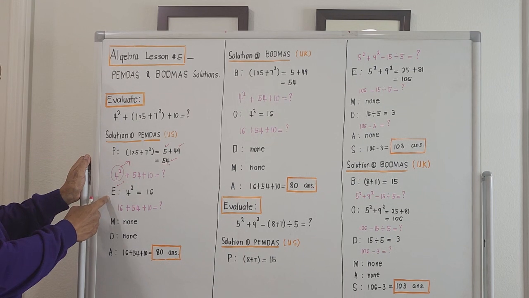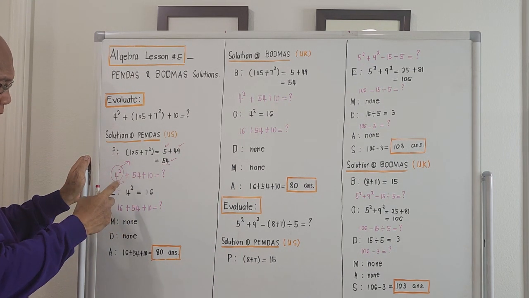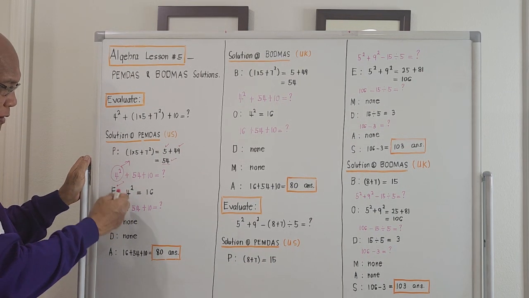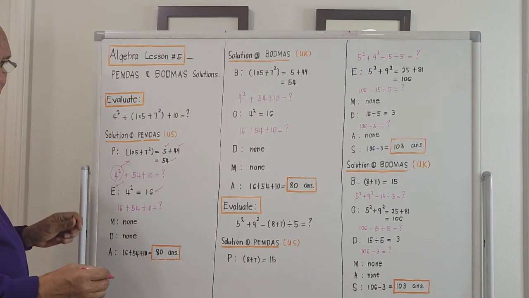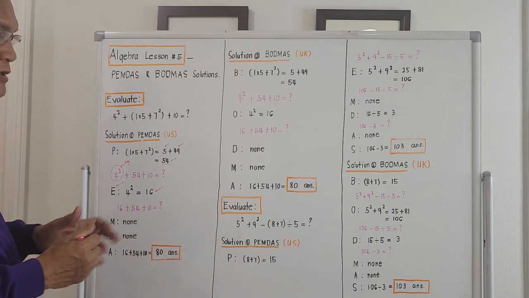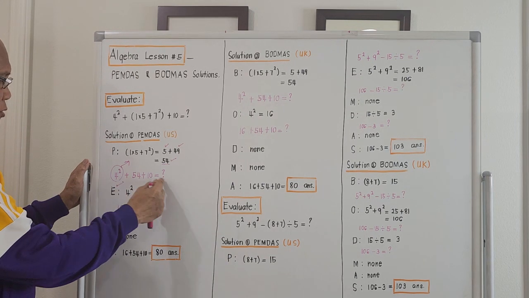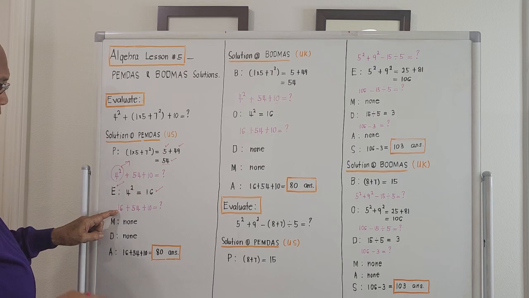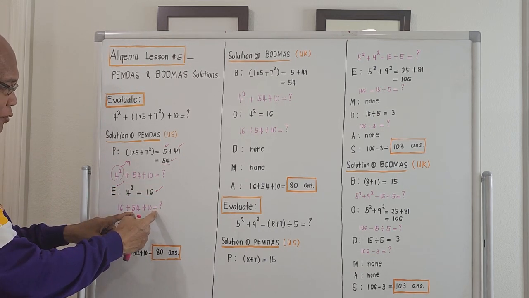For E, the term to be evaluated will be the term with exponent, so it will be 4 square. If we expand this one, it will be 16. That is the second priority to be evaluated, all the terms with exponential values. If I rewrite again the mathematical expression, it's being compressed now. 4 square will be 16. I will rewrite 54, plus 10, and what will be equal to?